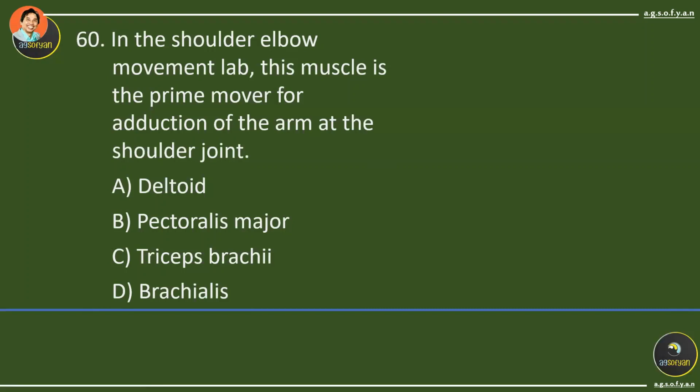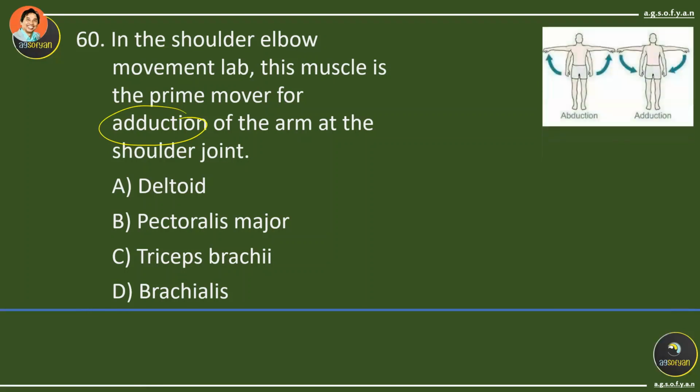Now this is the opposite. In the shoulder elbow movement lab, this muscle is the prime mover for adduction. Adduction means when you put your arm close to your body, like this one over here. So the muscle that contracts should be the muscle here on your chest.